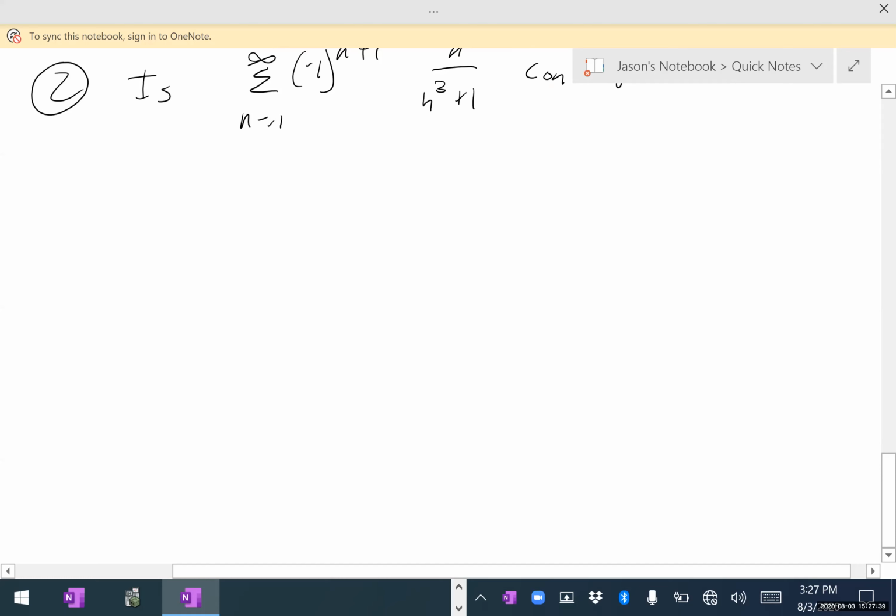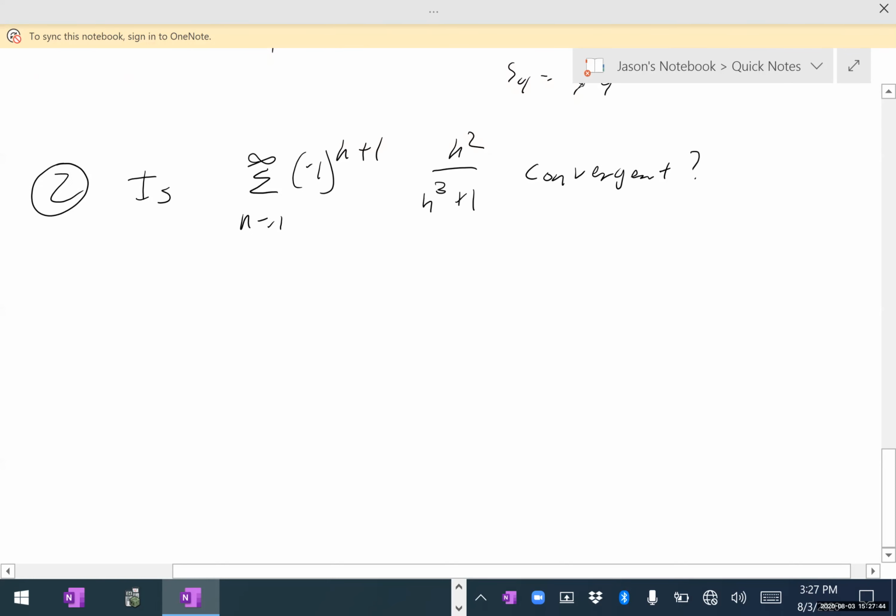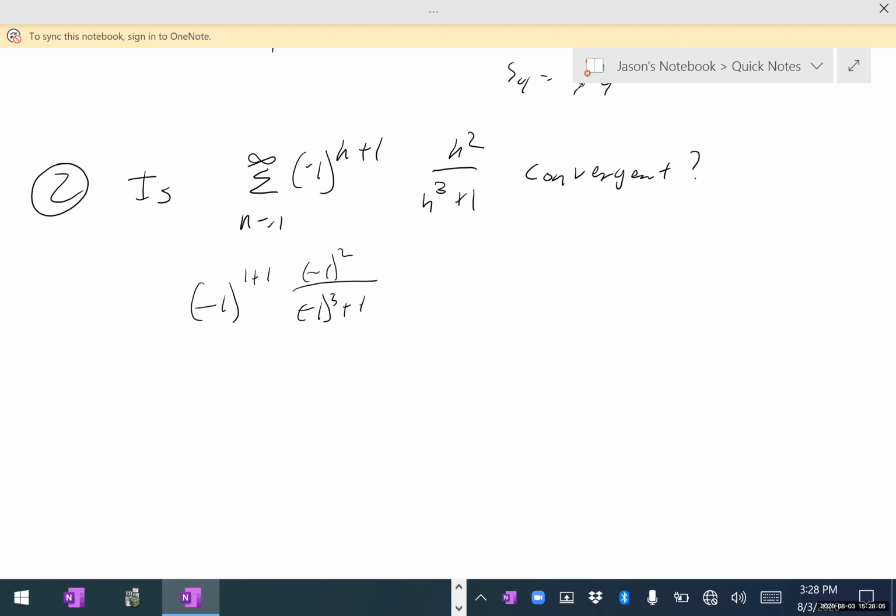Well, what do we know? Let's write out a few of the terms here and see what's happening. What does this thing look like? Well, this is going to be (-1)^(1+1) times 1 squared over 1 cubed plus 1. No, I'm sorry, these are ones, not -1s. I got confused.